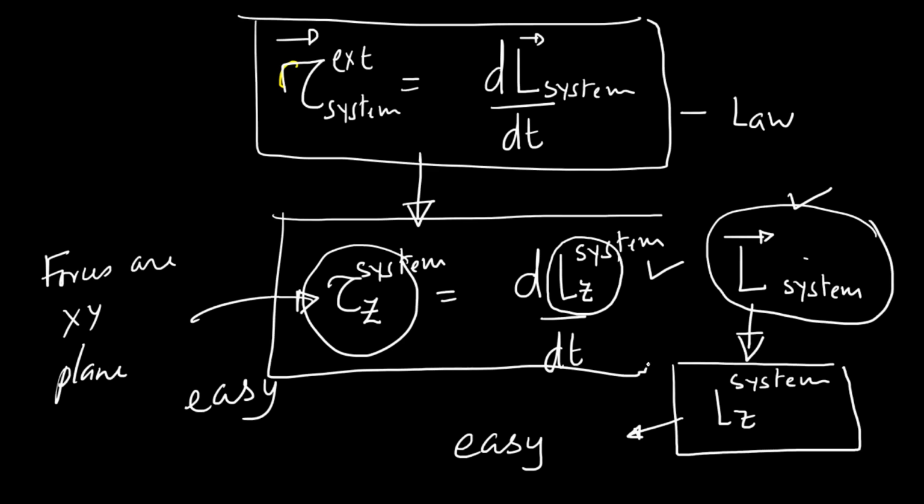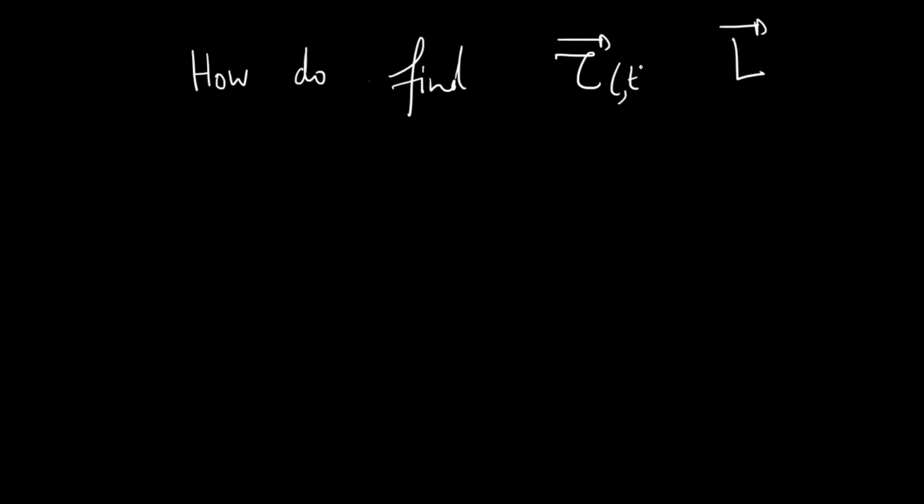Before that, one more time I would like to tell you, how do I find torque? Well, you know it, but I just want to tell you how to define the problem. How do you find torque, or for that matter angular momentum, at any instant of time? When is the problem well defined? First, you have to tell me the coordinate system.